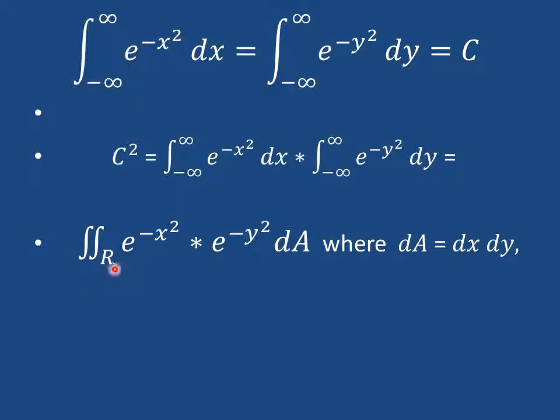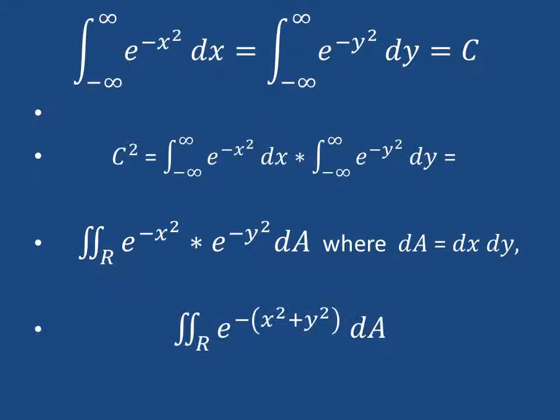The double integral over the region R, which happens to be the entire xy plane, of e to the negative x squared times e to the negative y squared dA, where dA is simply the product of our two increments dx times dy, giving us our increment of area dA in the xy plane.